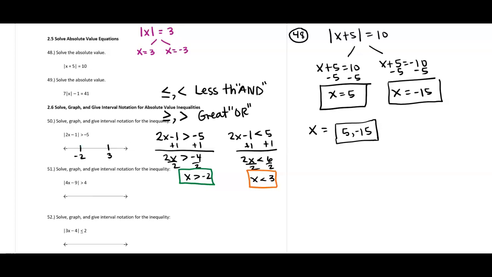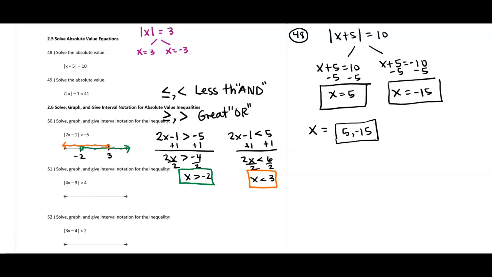It's going to not include -2, but be all the stuff greater than it, all the stuff to the right. And then this orange part, x is less than 3. So again, I got an open circle here. But then I want all the stuff that's less than 3.